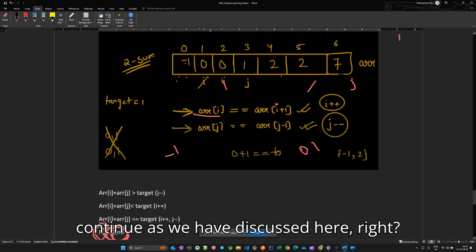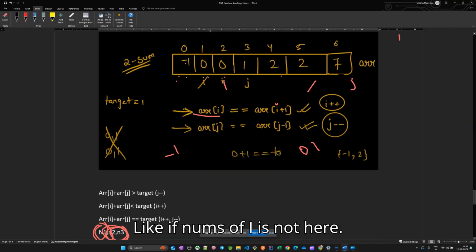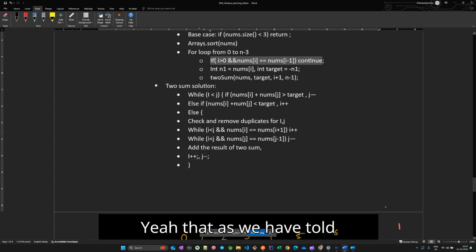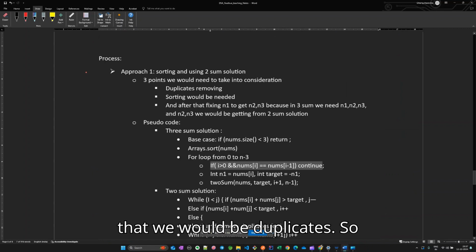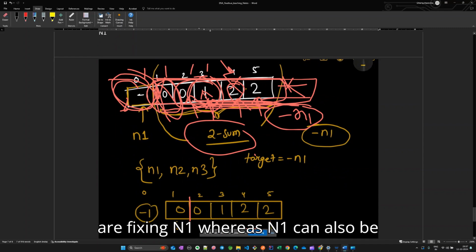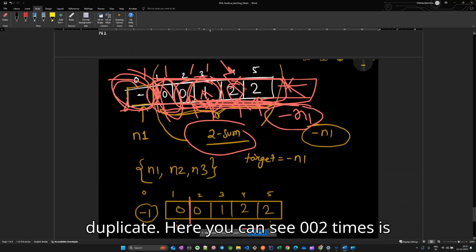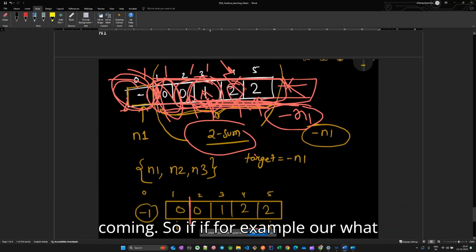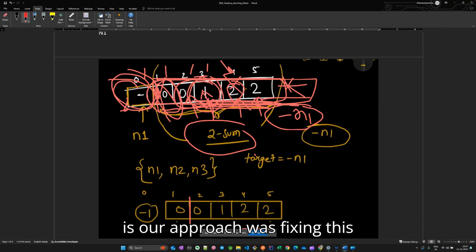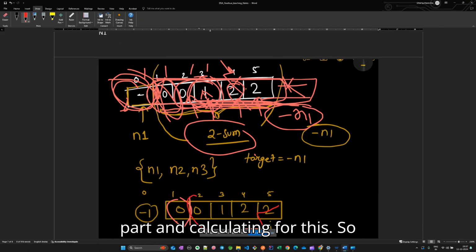As we have discussed here, we would be removing duplicates. The duplicates come in n1 also, no? We are fixing n1, whereas n1 can also be duplicate. Here you can see 0 is coming two times. Our approach was fixing this part and calculating two sum for this.